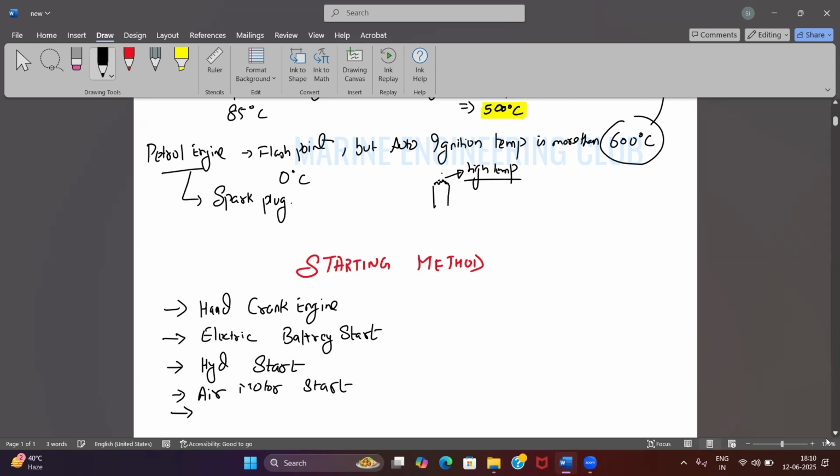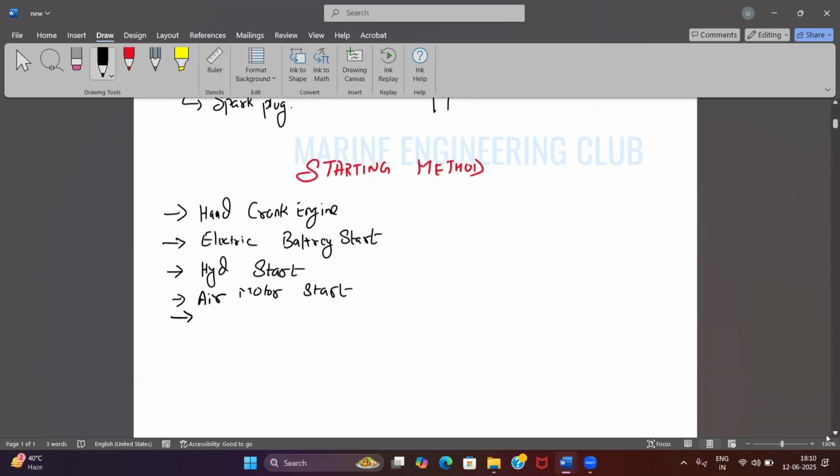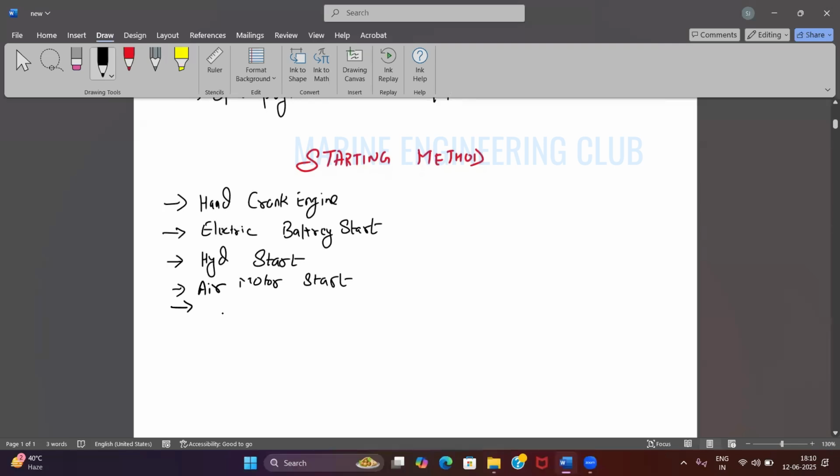These are all cranking mechanisms. Then you have spring start, also known as inertia start, and finally the direct air injection.